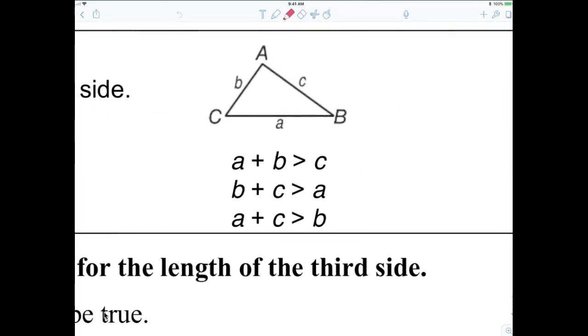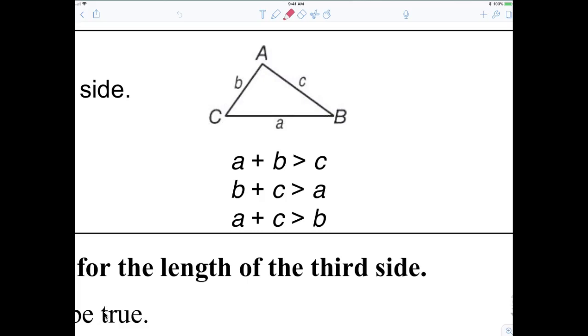What they're trying to tell you is that the sum of any two sides has to be greater than the what? The other side. Hopefully you understand that just by the diagram, or by the explanation I tried to show you. The sum of any two sides of a triangle has to be greater than the third side. Everybody with me? Now, again, it goes for all possibilities.